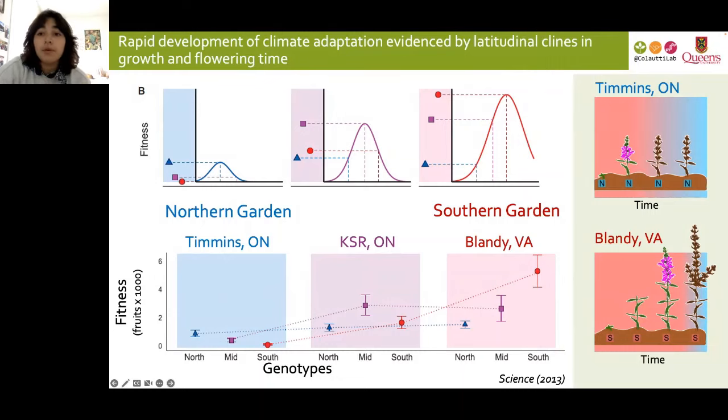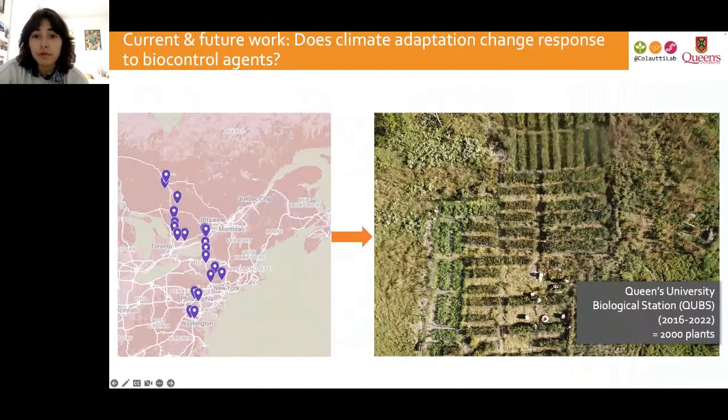So some of the future work we're doing to investigate the effect of the genetic constraint and the herbivore response is growing plants from a variety of latitudes, from northern Ontario all the way down to mid-latitude in the United States, in a common garden experiment in the mid-latitude range. This garden is located at the Queen's University Biological Station, which is just north of Kingston.